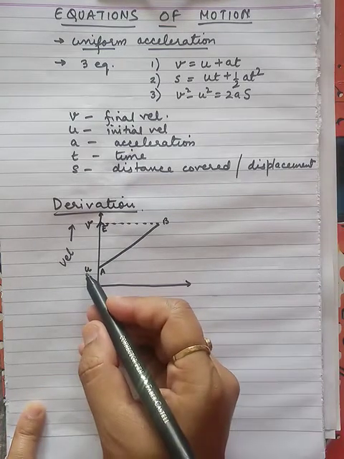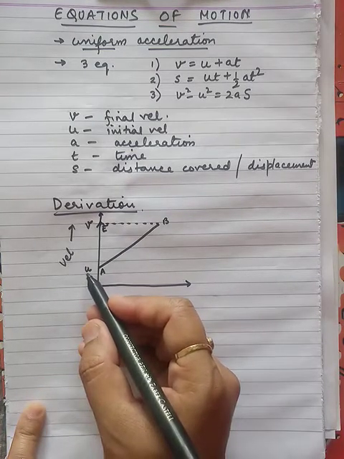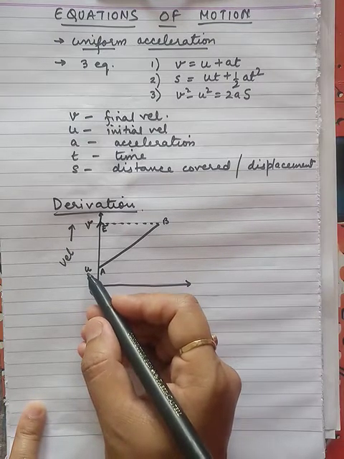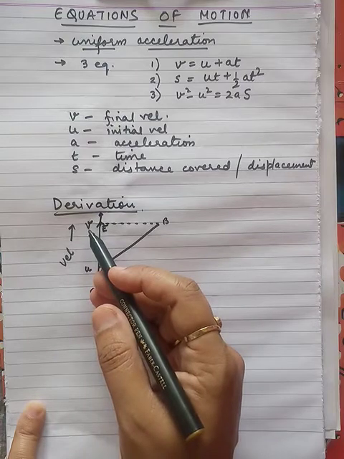U can have any value, suppose 5 meter per second, 10 meter per second, 100 meter per second, or 100 kilometer per hour, any value. V can also have any value.